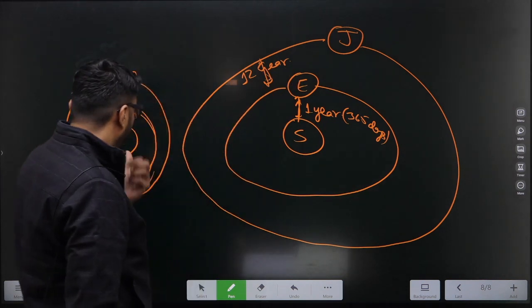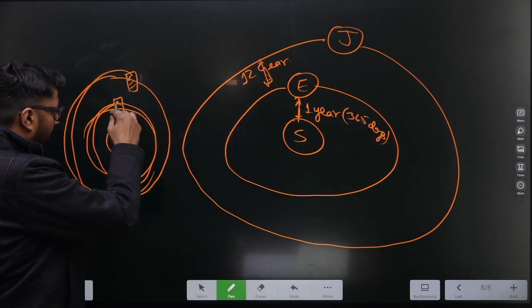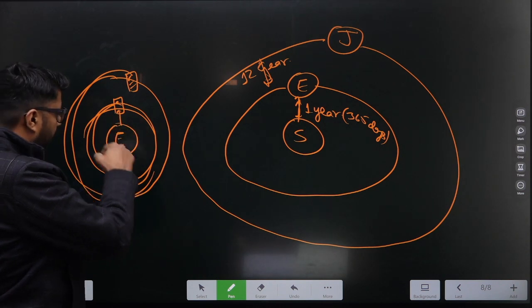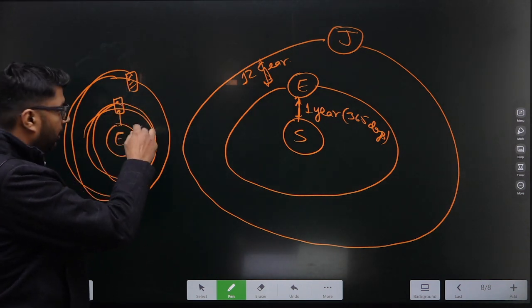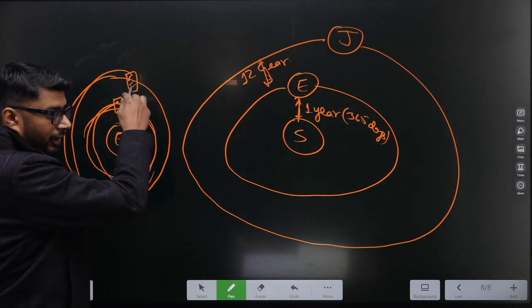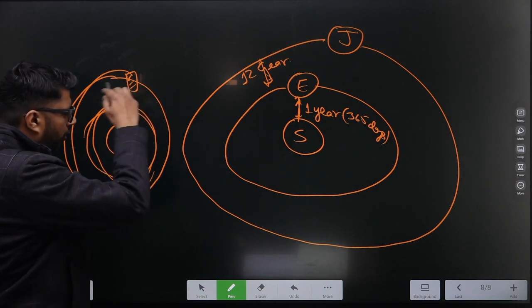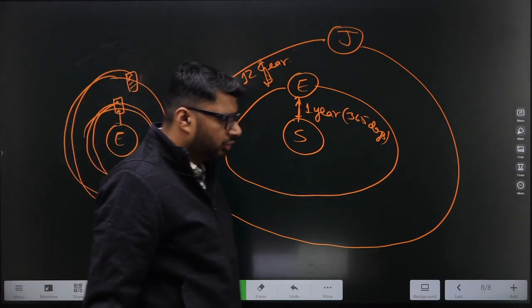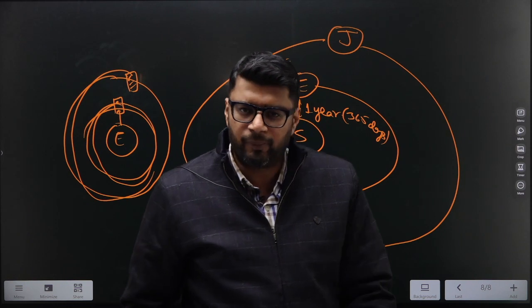In the same way, satellites near to the Earth take lesser revolution time, and a satellite farther away from the Earth takes longer revolution time. So this concept is very important.